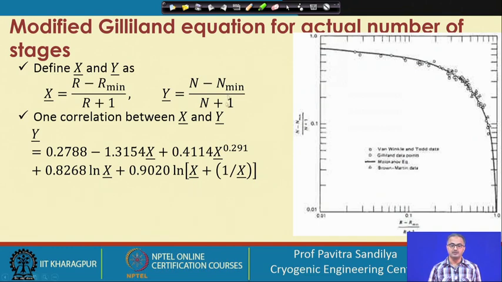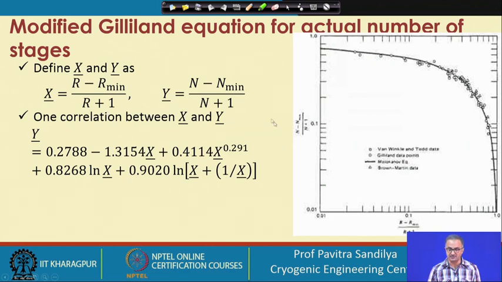Next we come to the Gilliland equation for the actual number of stages. Here we find this is the curve for finding the number of stages. We have defined two things, x and y. On the x axis we define R minus R min by R plus 1.